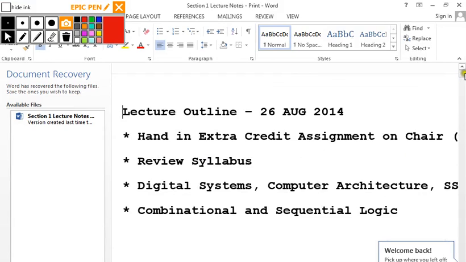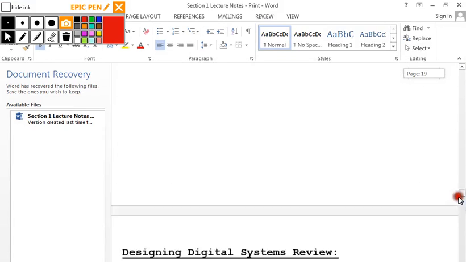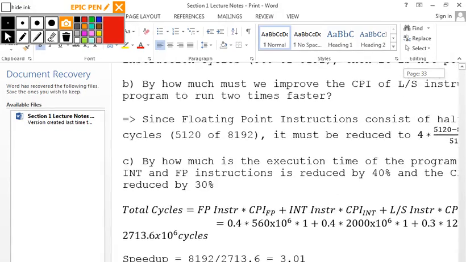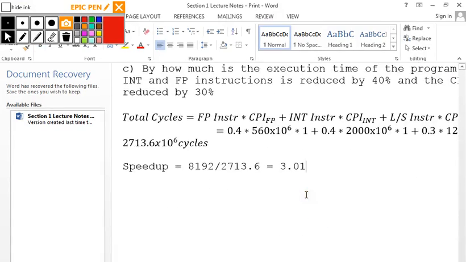And example questions, yeah, here we go. So it's going to be recorded here for you. Homework 3 is TGOs 1.27 through 1.34, and the example questions 1.5 through 1.10.